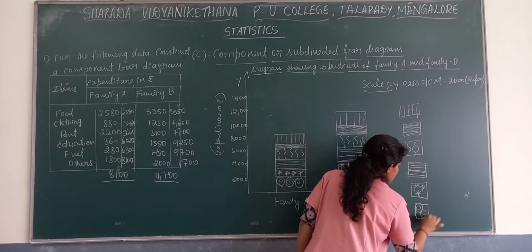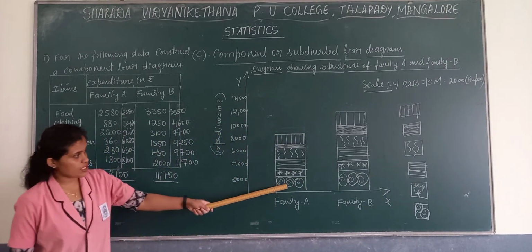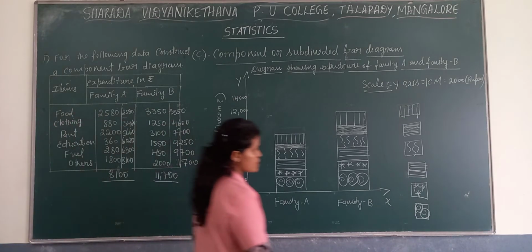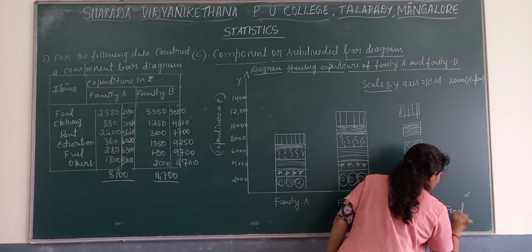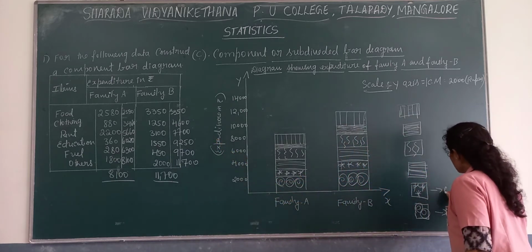And the last one. Now, what did we represent first? First we represented food. So this represents food. Next comes the clothing.